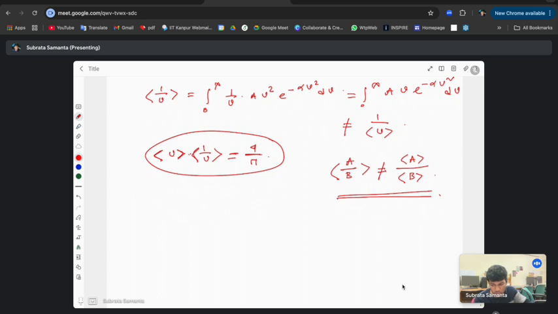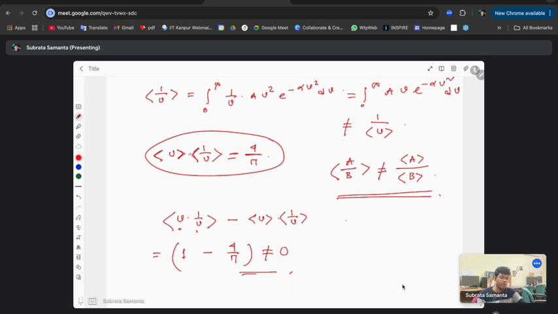It is also true that v times 1 over v minus v average times 1 over v average gives a non-zero value, because the first term is basically 1 and the second is 4 over pi, so this is non-zero.